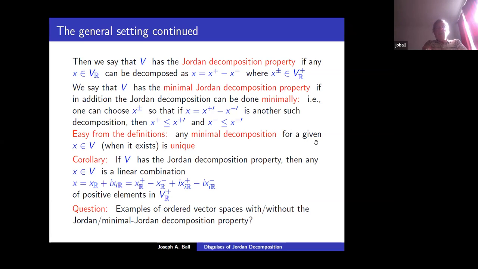And the general question is, for which ordered vector spaces do we have this Jordan decomposition property, or even better, the minimal Jordan decomposition property? So we'll add more structure to our ordered vector space, namely we call it a Riesz space or vector lattice.